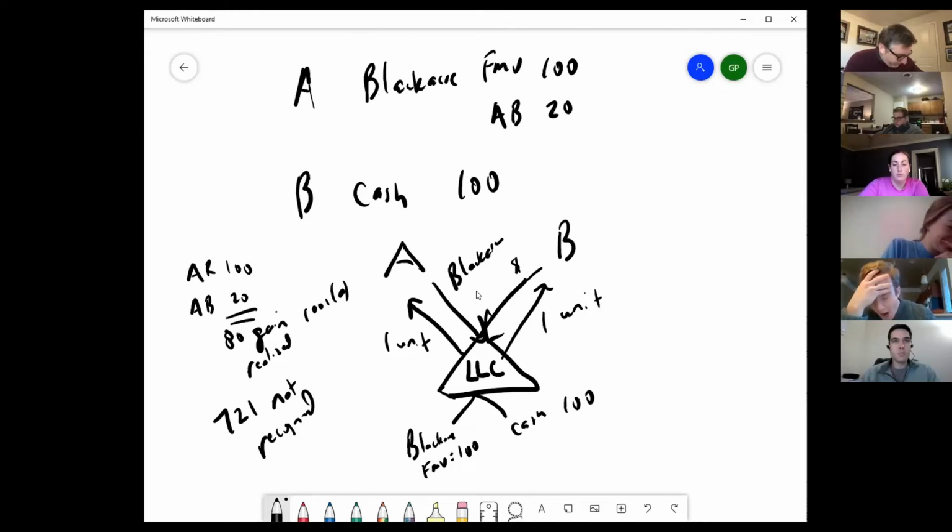So A has no gain recognized, right? Under 721. What is A's outside basis? Well, A's outside basis is going to be whatever his basis is in the partnership interest. So A is going to take an outside basis of 20. And what's the LLC's basis in Blackacre? That's going to be 20 under 723.